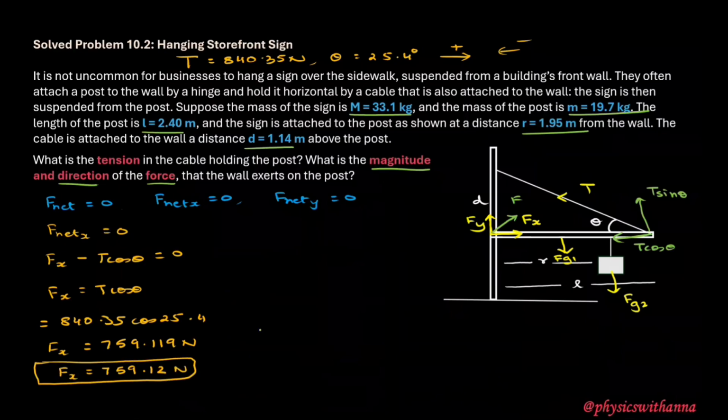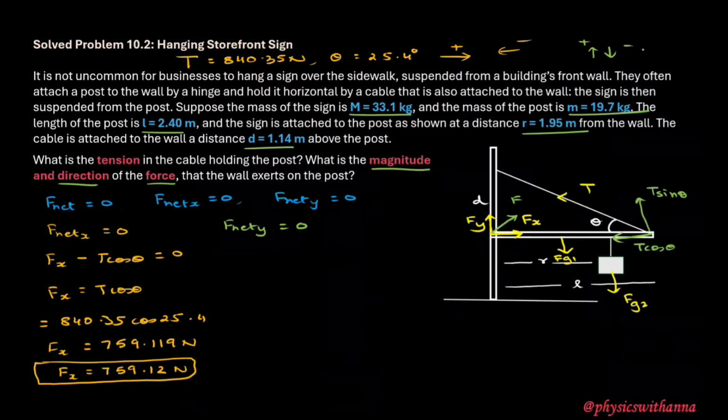Now we do the same thing to find Fy. We write F net y equal to 0. Now there are four forces acting along the y-axis: Fg1, Fg2, T sine theta, and Fy. Again, when we find F net y, we are finding the vector sum of all forces along the y-axis. Forces which are going up, we will take as positive.